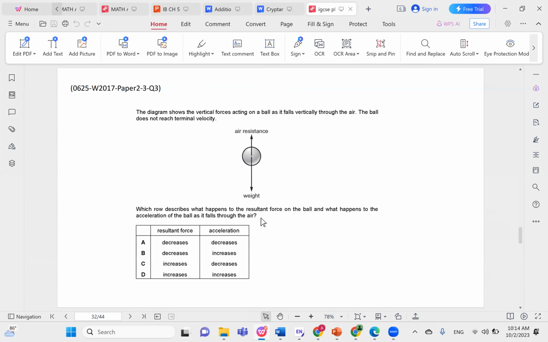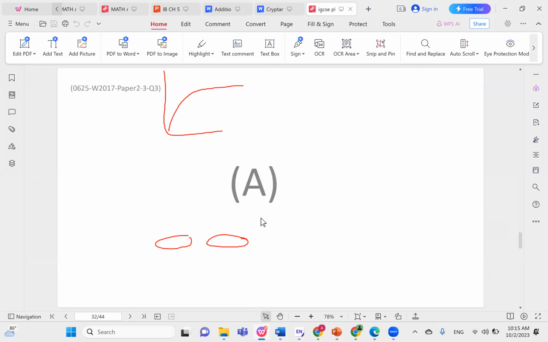Like we said, since the air resistance keeps increasing, the resultant force decreases, and therefore the acceleration decreases, but doesn't really reach 0 yet, but it is approaching 0. It's decreasing and decreasing until it reaches 0, which is what we call terminal velocity. So the correct choice here is choice A.